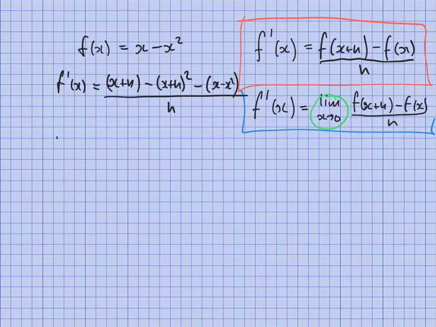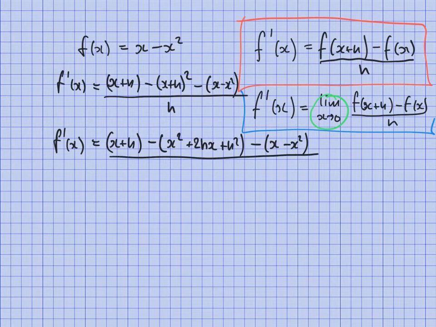Expand brackets and simplify. f dashed of x is equal to x plus h minus (x squared plus 2hx plus h squared) minus x minus x squared, all over h.